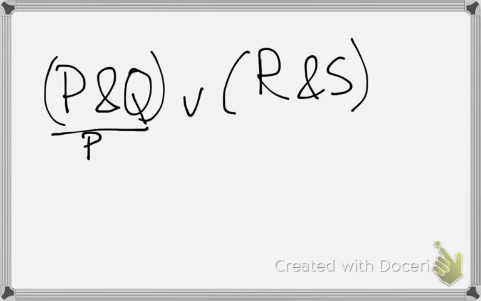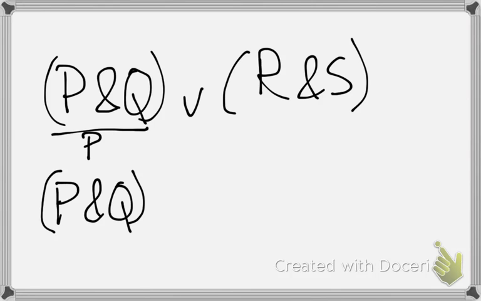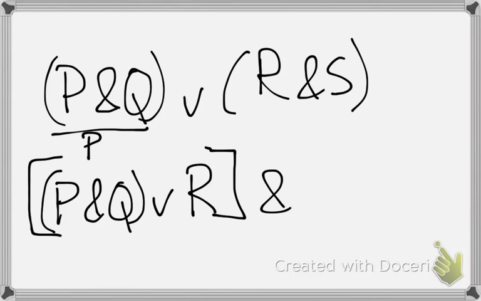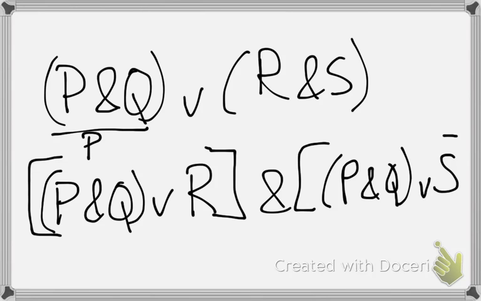This is just your P. So how you would do distribution on this is you would write P and Q, so you keep that all as a chunk, or R, and P and Q, or S. So you can do that also with formulas that are the and version.